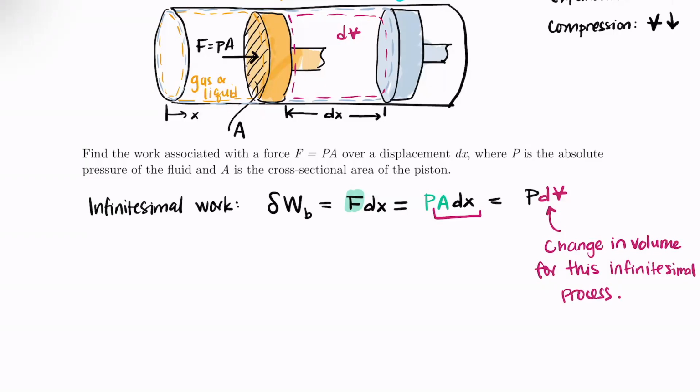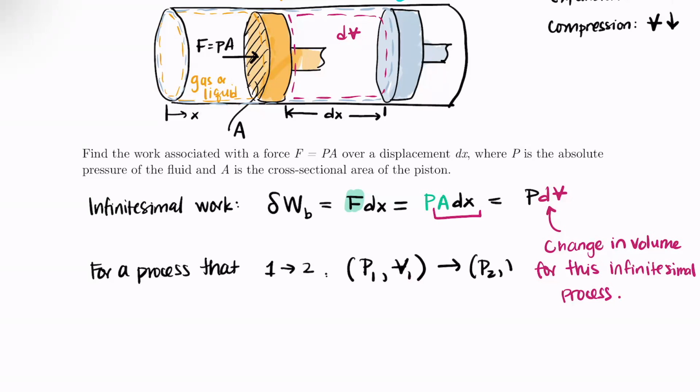So for a process that goes from 1 to 2, we have pressure at 1 and volume at 1 going to a pressure at state 2 and a volume at state 2, right?